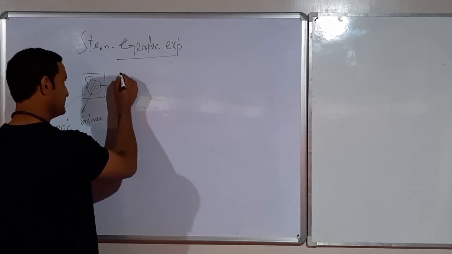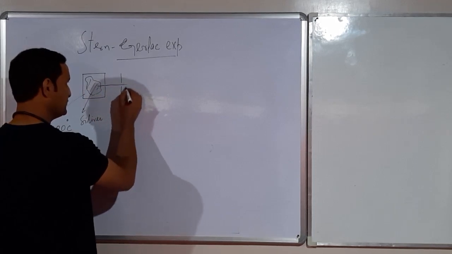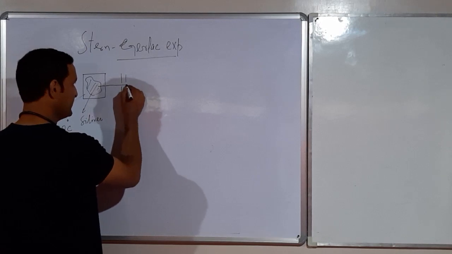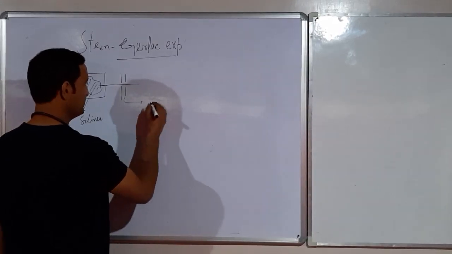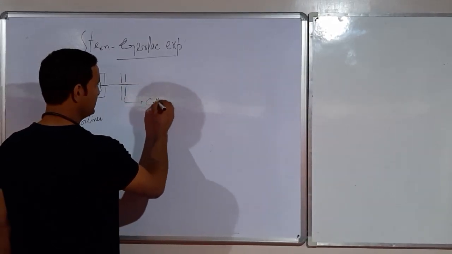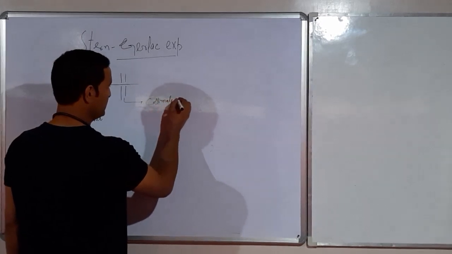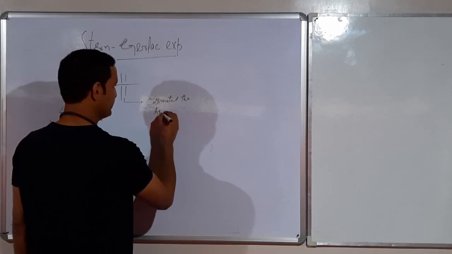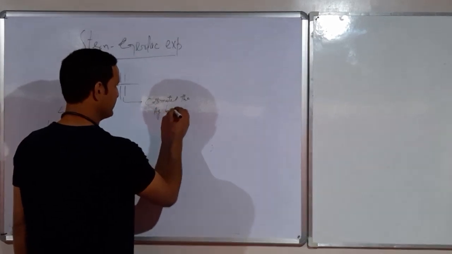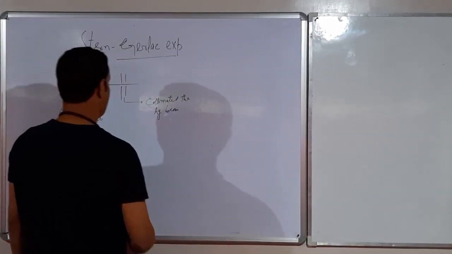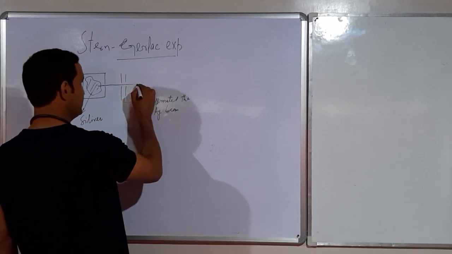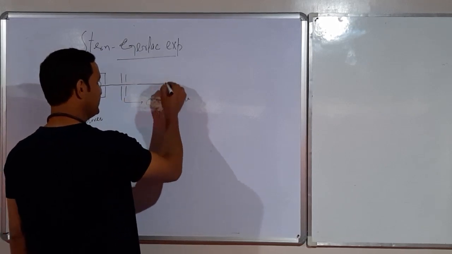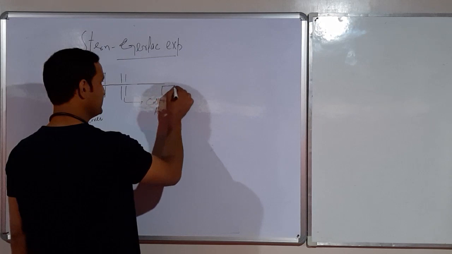In front of the silver beam, two slits are placed, and these slits will collimate the silver beam. After that, there is a magnetic field placed here.